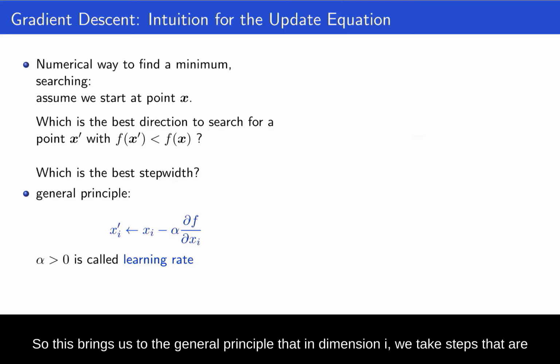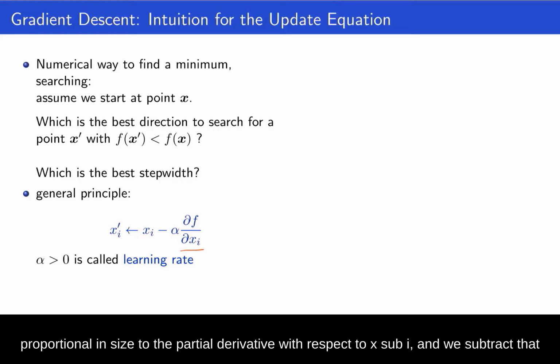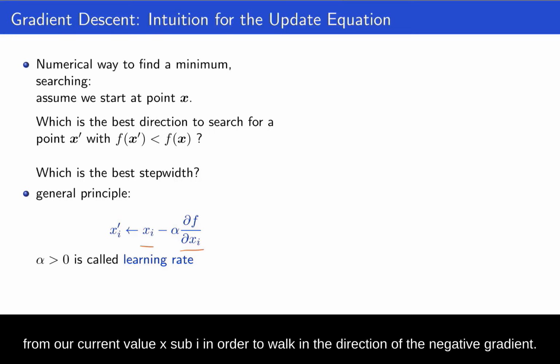So this brings us to the general principle that in dimension i, we take steps that are proportional in size to the partial derivative with respect to x sub i, and we subtract that from our current value x sub i in order to walk in the direction of the negative gradient.